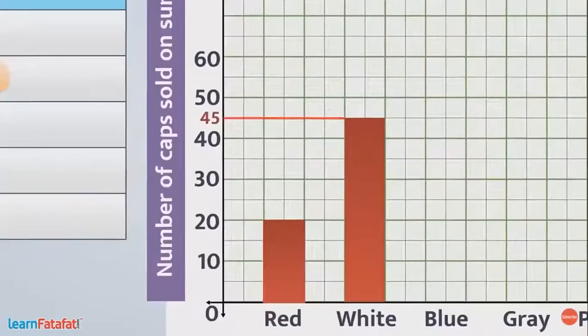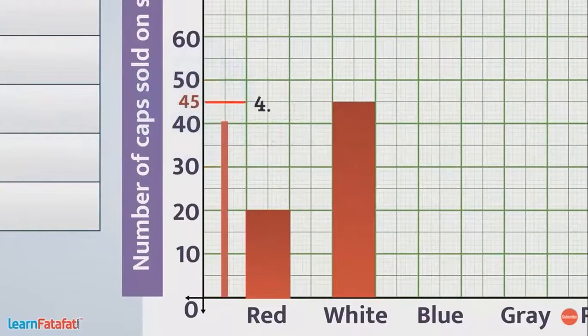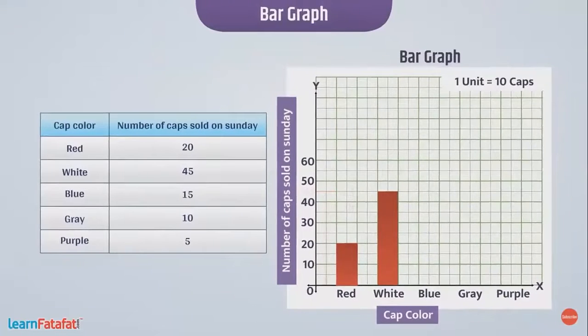Here, note that any two divisions have 10 subdivisions. So, 45 will be represented by 4.5 units. This is how we can represent all the data on the bar graph. The advantage of a bar graph is we can represent data much more easily as well as in less time.